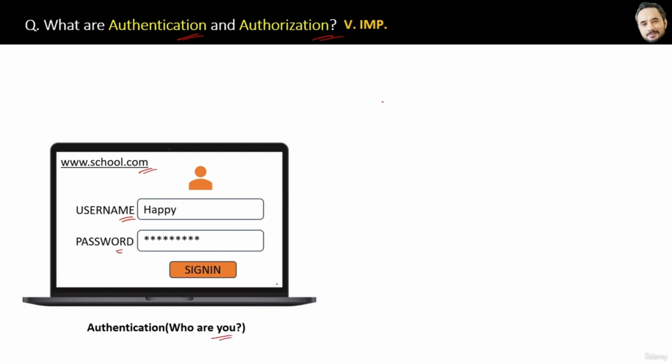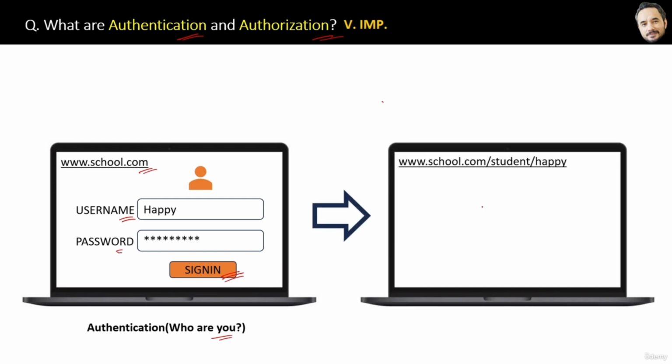You are saying I am Happy, this is my password, and I am a student. The school will check in their database and find that you are a student of the school. So that's all about authentication.